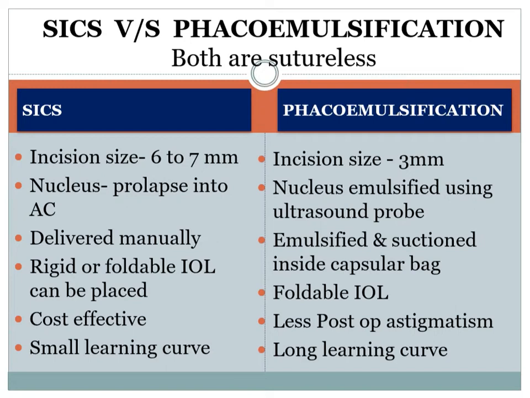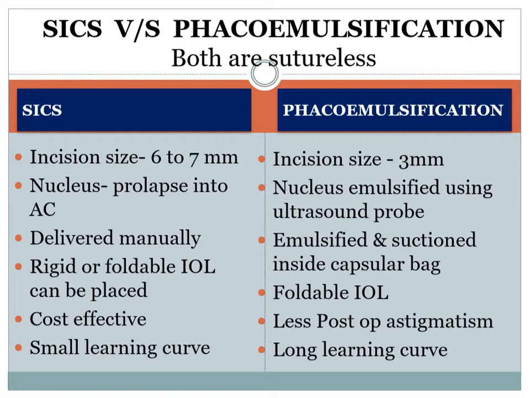But when you compare SICS with phaco, definitely phaco has a greater advantage because it causes very little post-operative astigmatism when compared to SICS, because of the incision size. The incision size is very, very less. Okay, so that is one most important difference between the two.